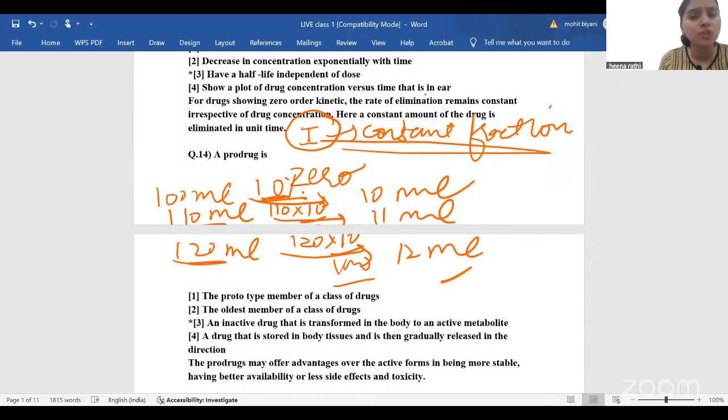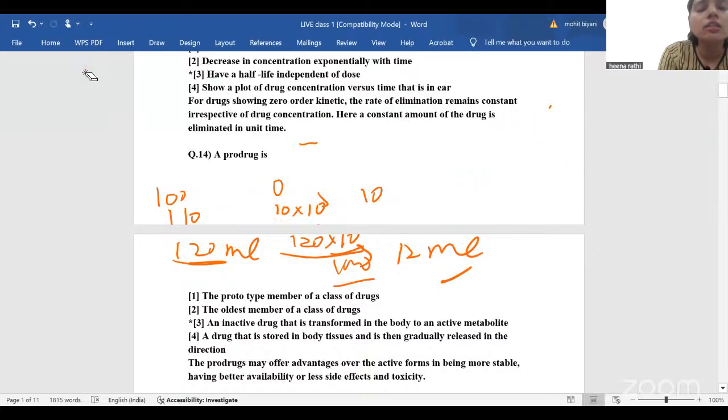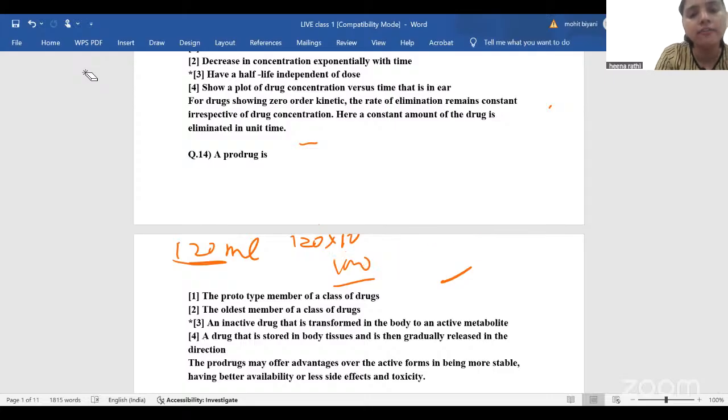There are some special drugs which follow zero order kinetics. Now what is zero order kinetics? Zero order kinetics says not a constant fraction of the drug, but a constant amount of the drug is eliminated every time. What does it mean? It means a constant amount.